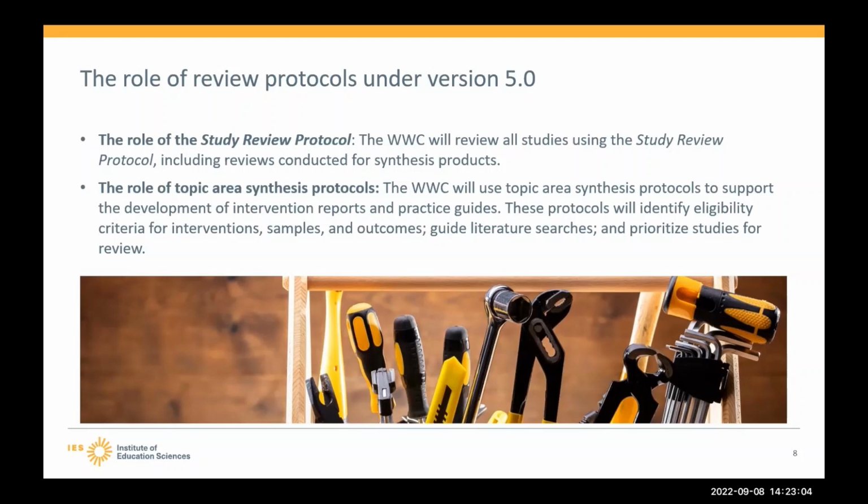The WWC moved in this direction under version 4.1, so this is not entirely new, but 5.0 solidifies this approach. You may be wondering about topic area protocols like dropout prevention and adolescent literacy. So those protocols will continue to be developed and used, but their role will be more limited. And we will have more to say about this in just a little bit.